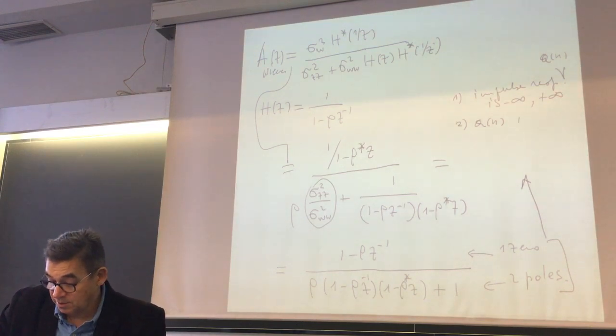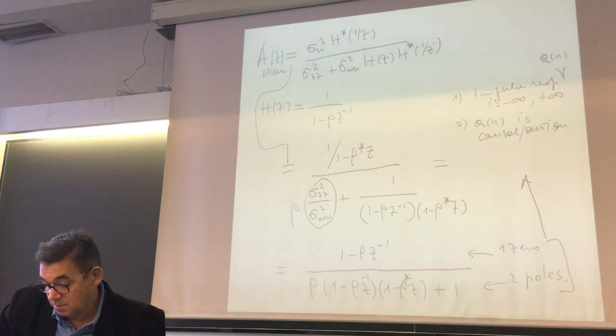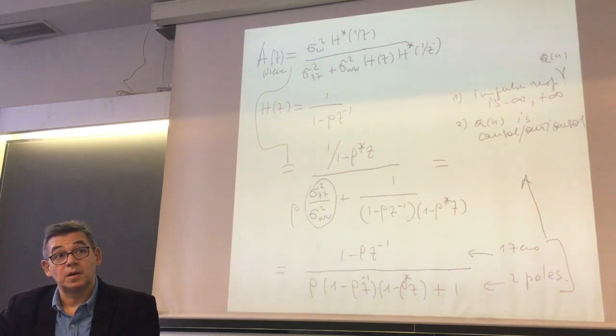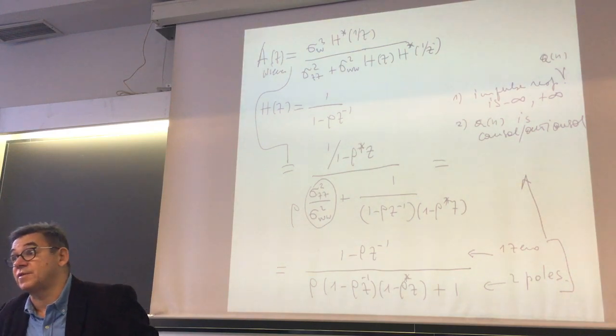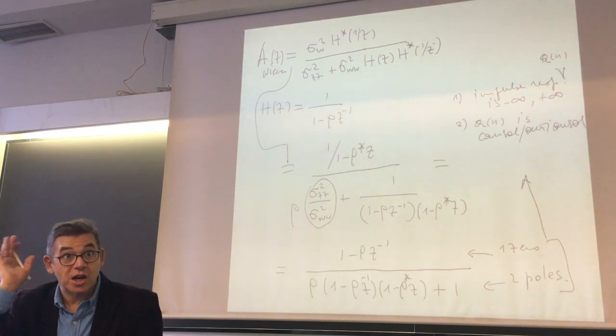So it's causal and anticausal. The Wiener filter is causal and anticausal, and the impulse response extends from minus infinity to plus infinity in general.